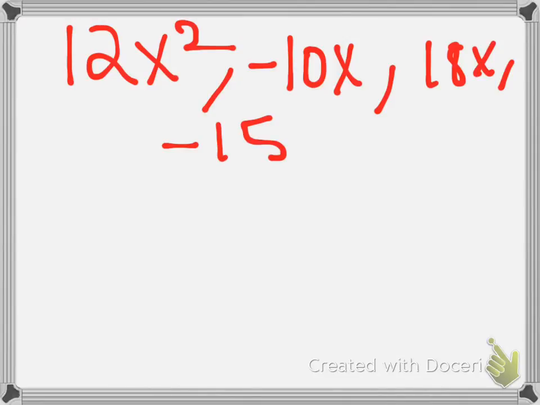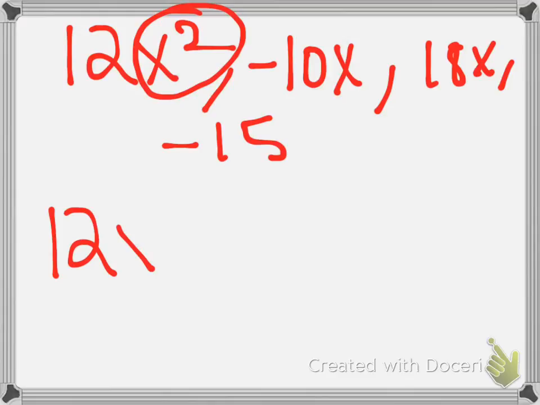Whenever we write the answer, we want it to be in standard form. Standard form basically means the highest degree, which here is x squared, is always first. In other words, the degree is descending, or decreasing as we move. Which means that here we have 12x squared, that goes first.